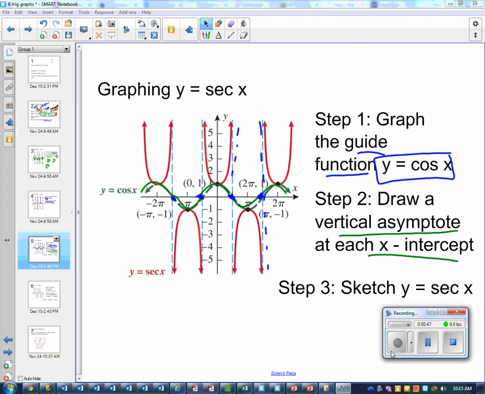All these x-intercepts are going to turn into asymptotes. And then once you have your asymptotes, you're going to take every maximum and minimum value, and it's going to become the vertex of a little parabola that's bounded by the asymptotes. Every max and min is going to make a parabola that's bounded by the asymptotes. And if you want to go back and erase your guide function, you can.